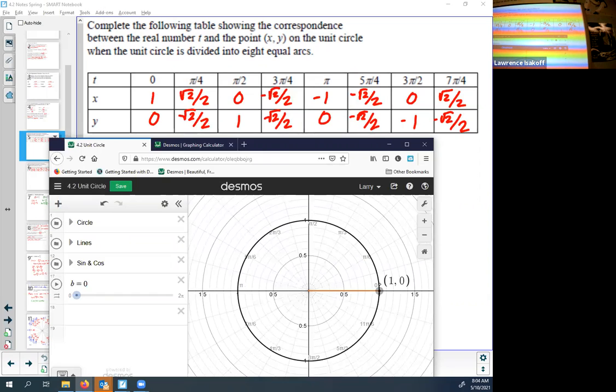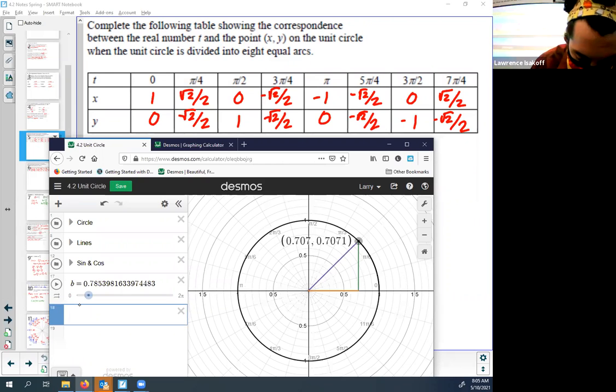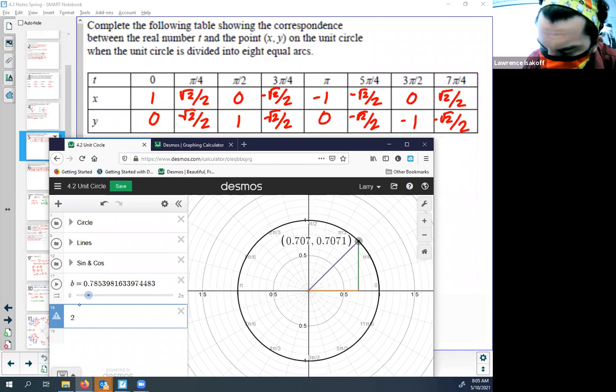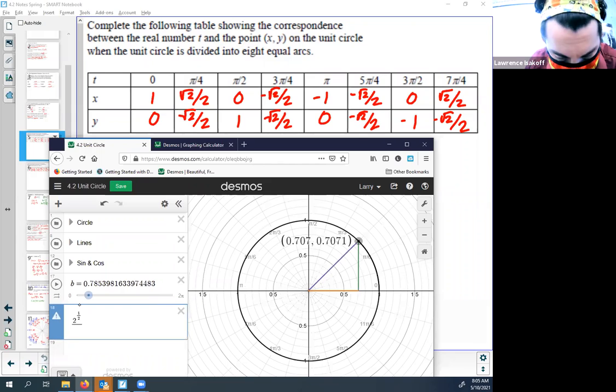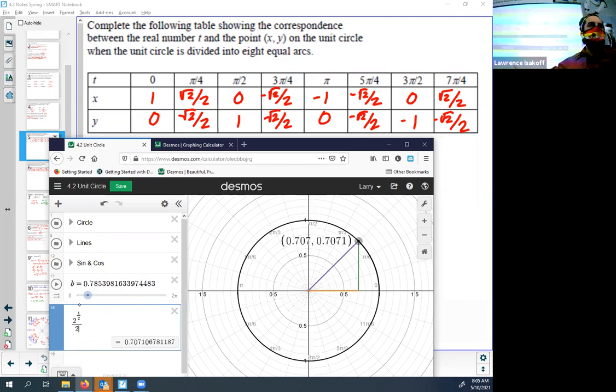If I go to pi over 4, it's located right here. If I put in 2 to the 1/2 power, so the square root of 2 divided by 2, I get that same x, y value I have here. So that's root 2 over 2 when I'm at pi over 4.